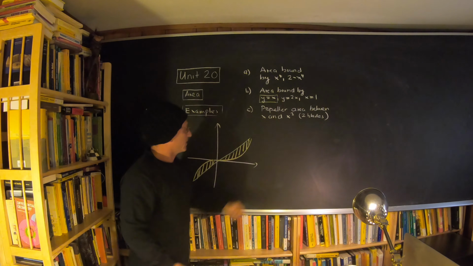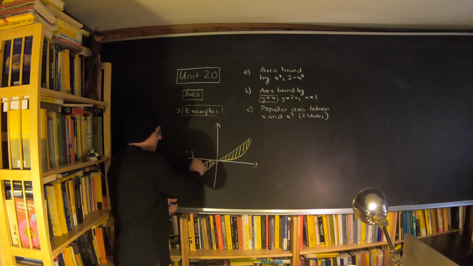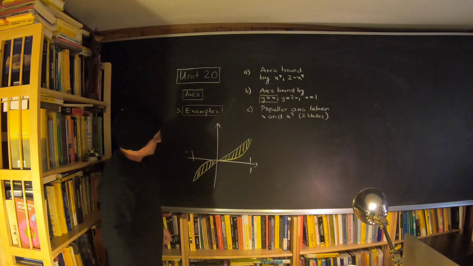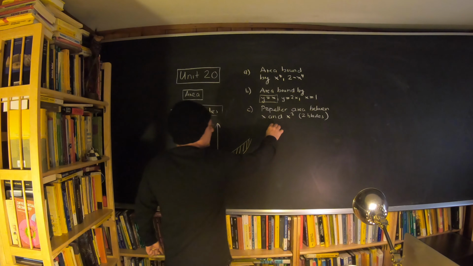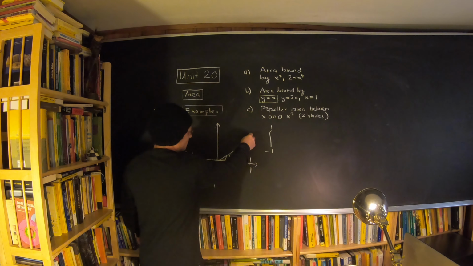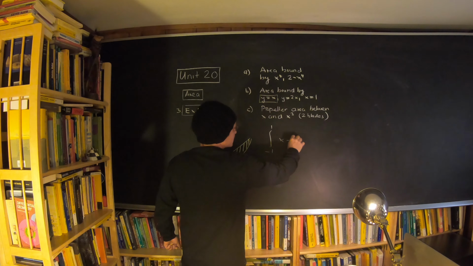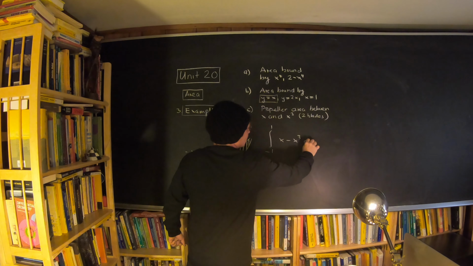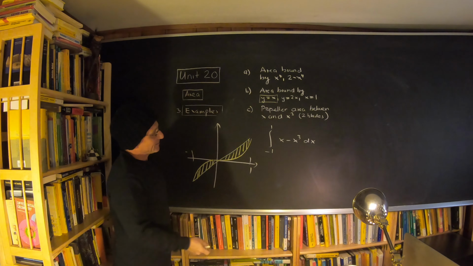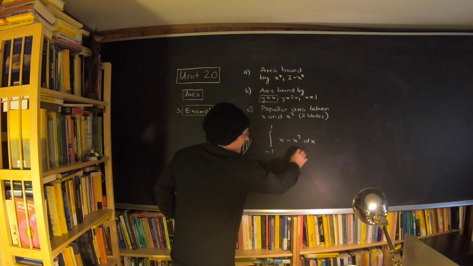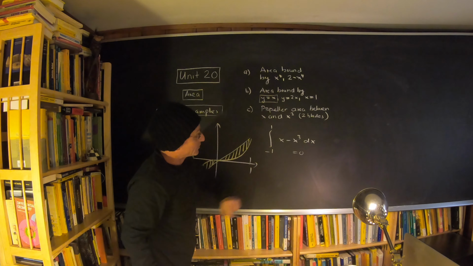If you put them equal here, we get -1 and 1. Now we have the integral, and if you integrate blindly from -1 to 1, the upper minus the lower, x minus x cubed dx, you get 0. So that's not the way to do that.